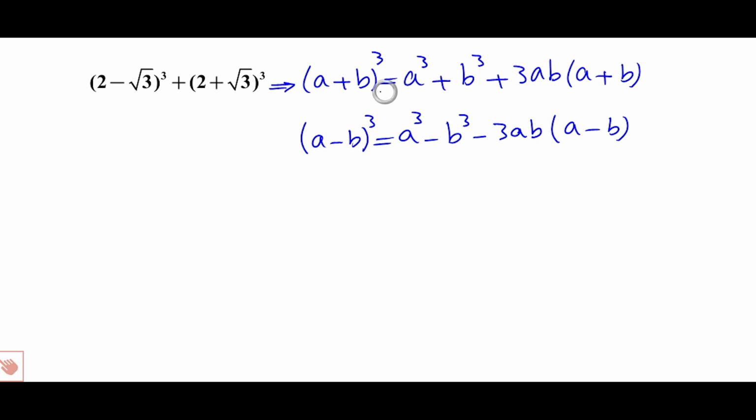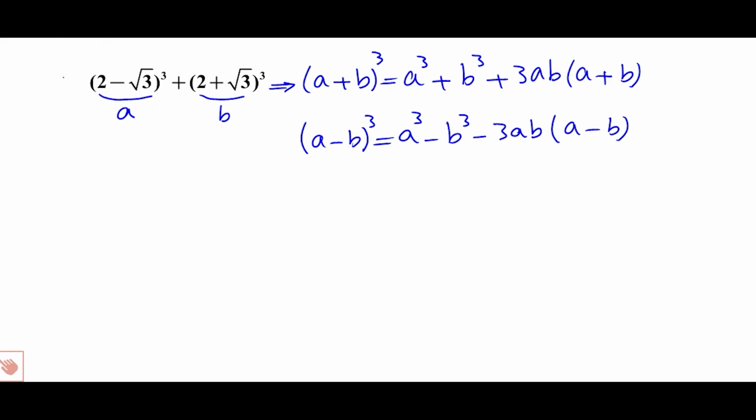Okay, of course we'll be using this identity because I suppose 2 minus root of 3 is equal to a, and 2 plus root of 3 is b. So we want a cubed plus b cubed.